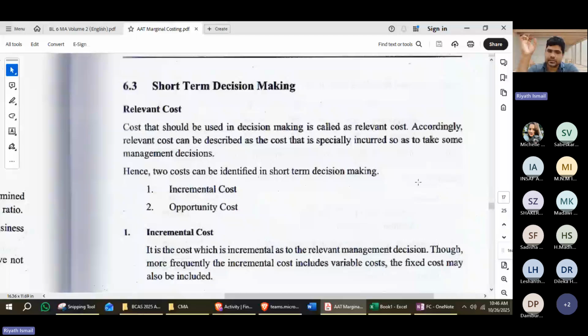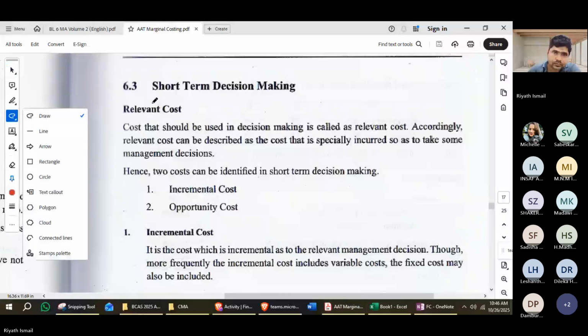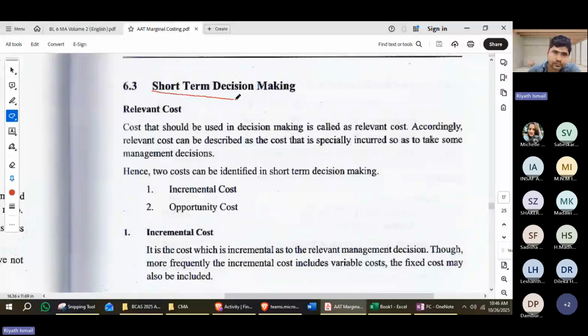Now we will formally introduce short-term decision. In short-term decision, we should know about relevant cost. What does it mean? Relevant cost means whatever costs are relevant for making decisions.